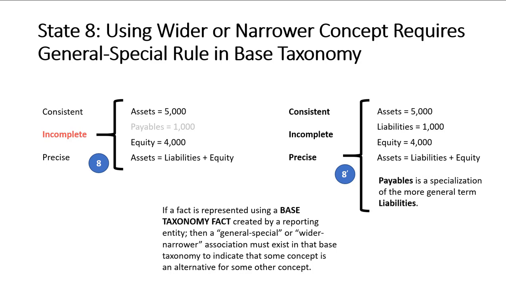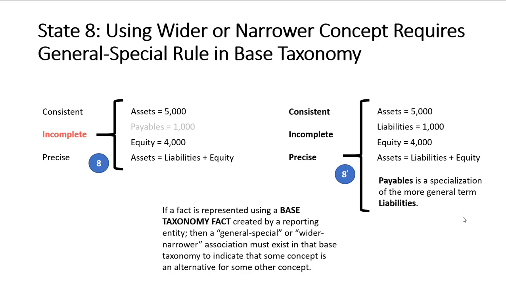And for a computer to understand that the fact payables could be used to represent liabilities, you still have to, in the base taxonomy, have a general special relationship between payables and liabilities to indicate that fact to a computer. So it doesn't really make any difference whether it's an extension or not.